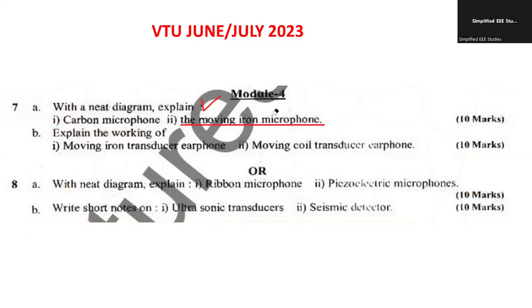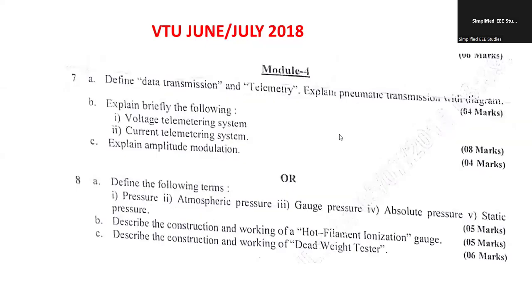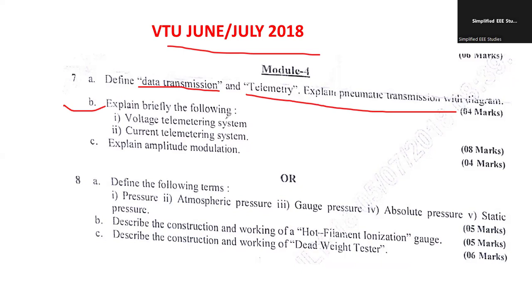Please check out these questions before appearing for your examination. I have also noticed some important questions from June, July 2018. What is data transmission and telemetry? Explain the pneumatic transmission with the help of a diagram. So 2 plus 2 marks. Briefly explain voltage telemetry and current telemetry, which carry 4 marks each.